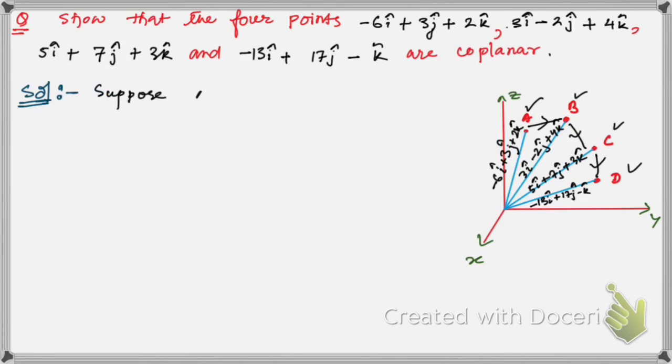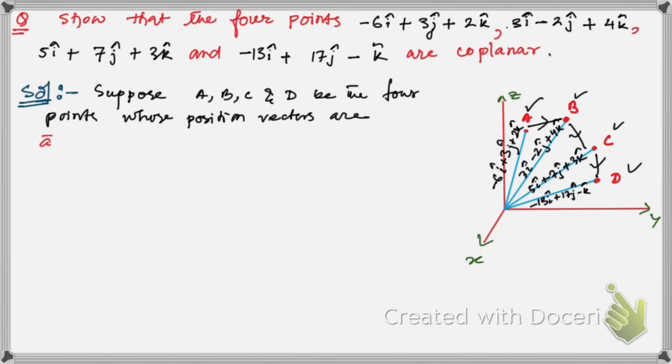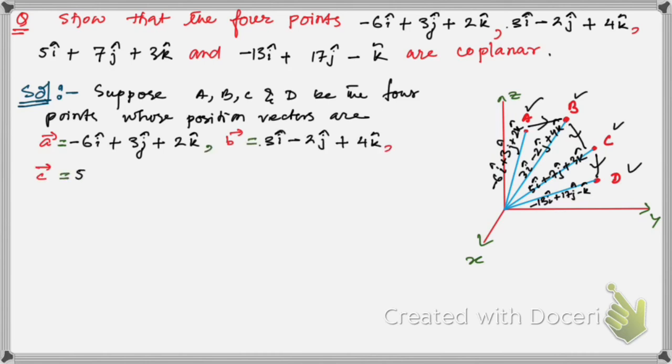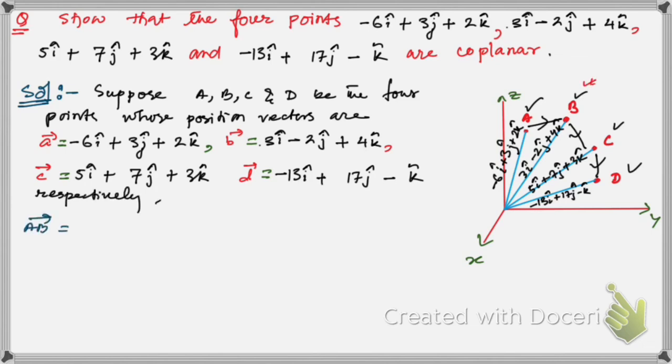So suppose A, B, C, D are the 4 points whose position vectors are given: small a is this, small b is this, and C is this one, and D is this one. These are the position vectors of the 4 points A, B, C, D respectively. Now AB vector is terminal minus initial point. The position vector of the terminal point is small b, and initial is small a.